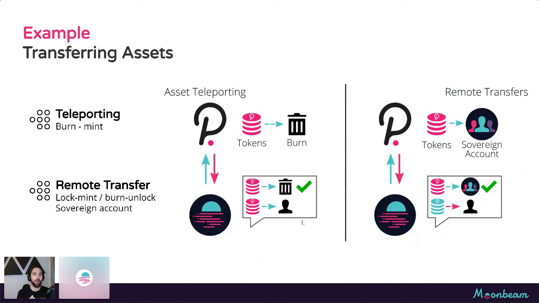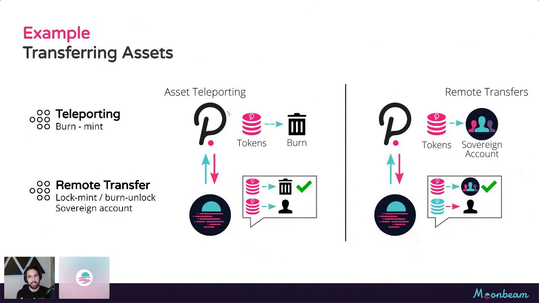I like to see asset teleporting as a burn-and-mint mechanism, which some Ethereum bridges use as well. Basically, when you want to move some DOTs, or let's say KSMs, from Kusama to Moonriver, these tokens will get burned.